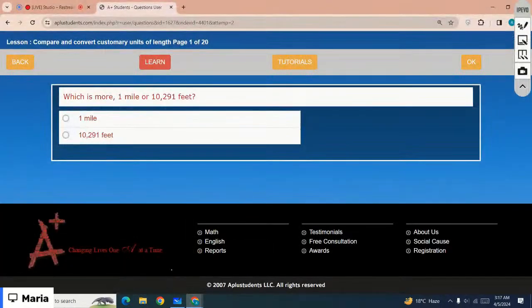Then obviously 10,291 is more, right? 10,291 feet is more than 1 mile, because in 1 mile you have 5,280 feet, but here the other one is 10,291.